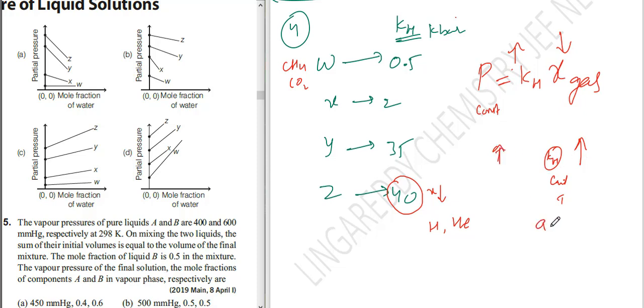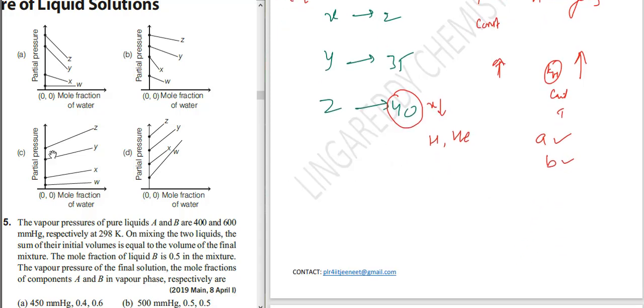So A may be correct, B also similar, B also may be correct. Then C and D would be wrong, because when partial pressure is increasing, the mole fraction of water is increasing, which means the mole fraction of gas is decreasing. It's wrong. When P is increasing, the mole fraction of gas should increase. So C and D, these two options are wrong, right?